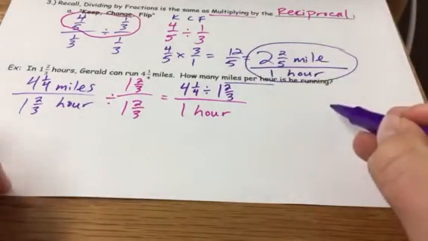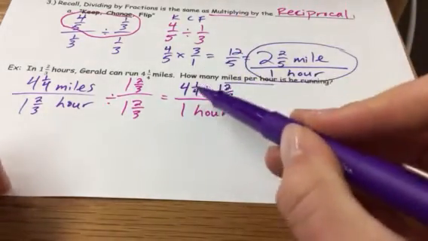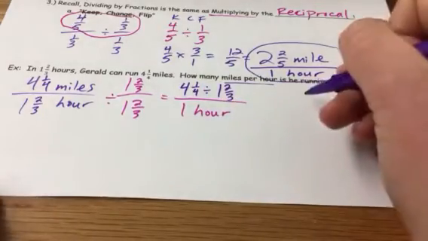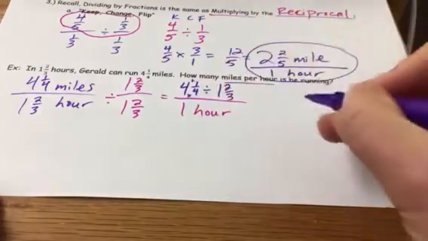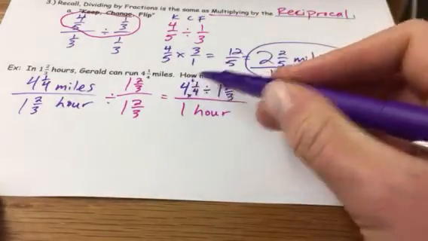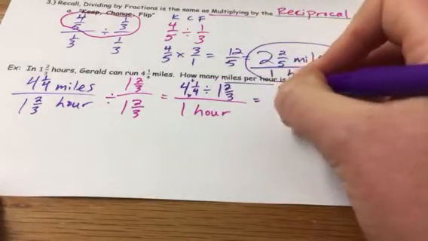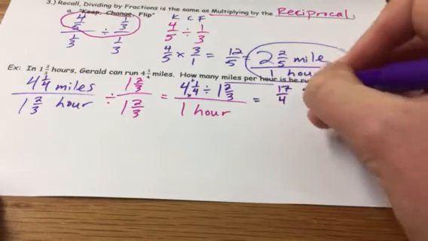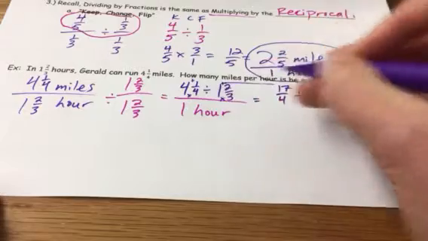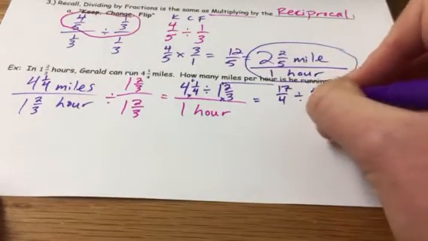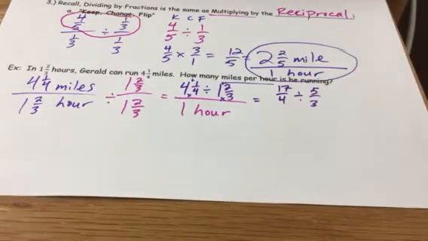Let's do some scratch work over here. To divide mixed numbers, our first step is to turn them into improper fractions. So I'm going to do my quote-unquote times and plus. 4 times 4 is 16, plus 1 is 17. So this is 17/4 divided by, 3 times 1 is 3, plus 2 is 5, 5/3.